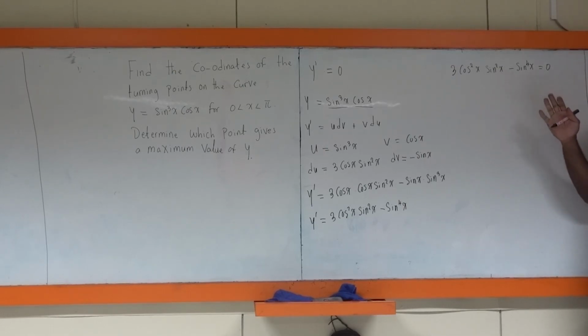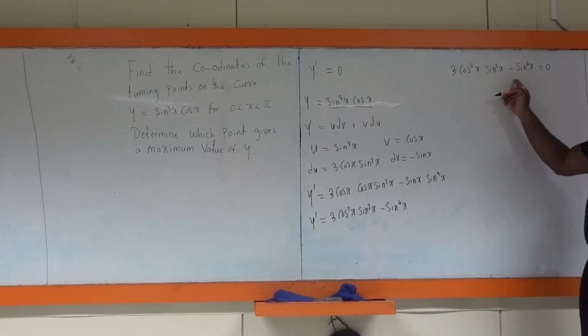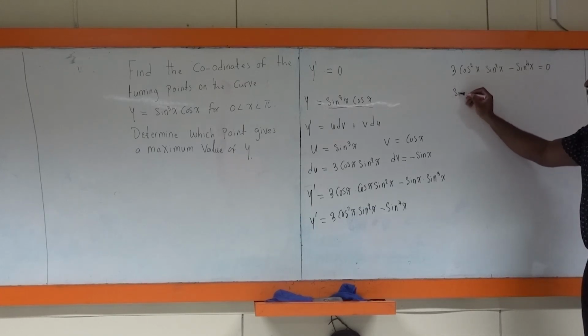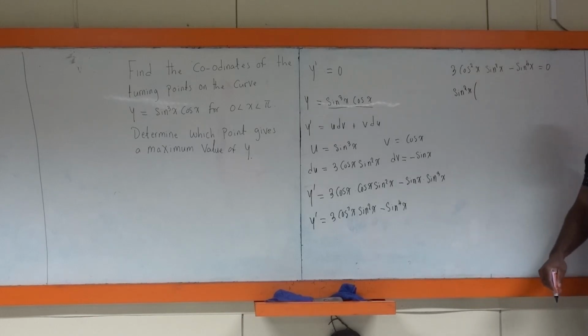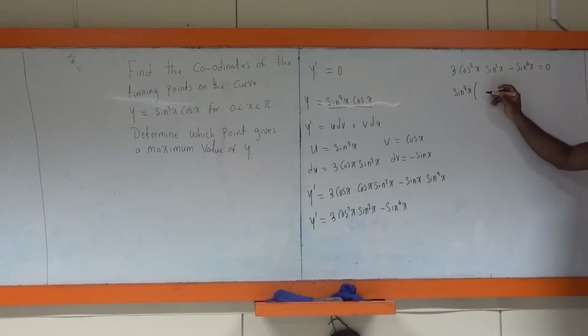Now we have to solve this. So we can clearly see that the common factor right here is sine to the power 2 of x, that is from this and this term. So we have to factor out sine to the power 2 of x. So what is it supposed to be? We are going to do it like this. So we have sine to the power 2 of x into, so this term reduces to 3 cos squared of x.